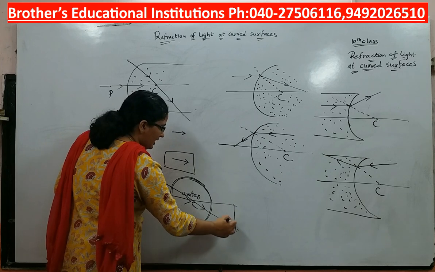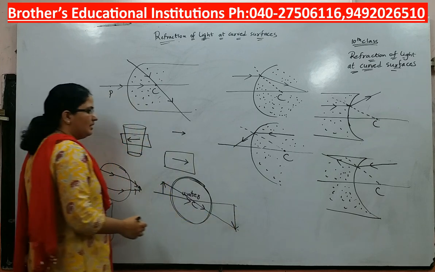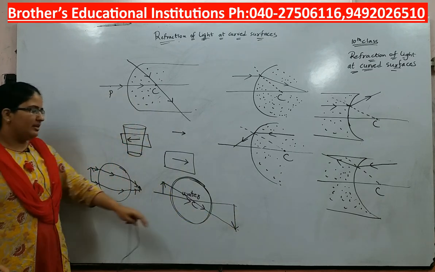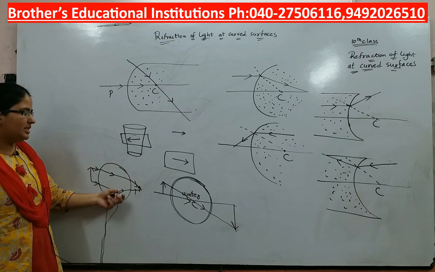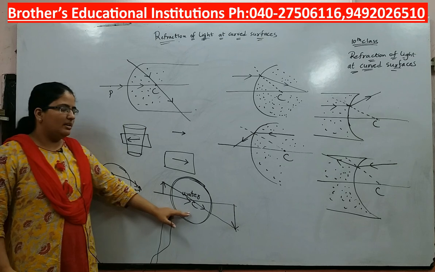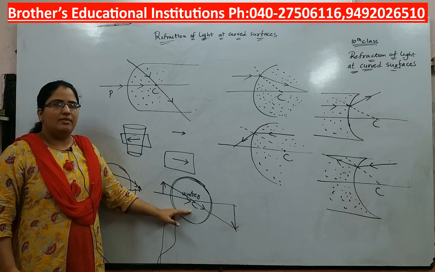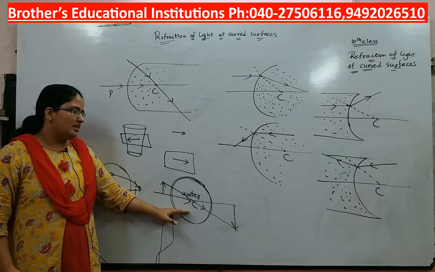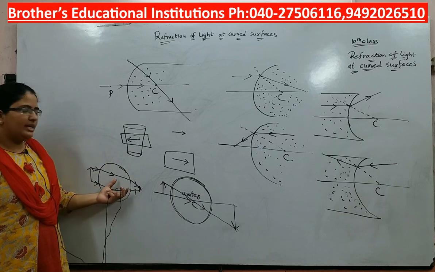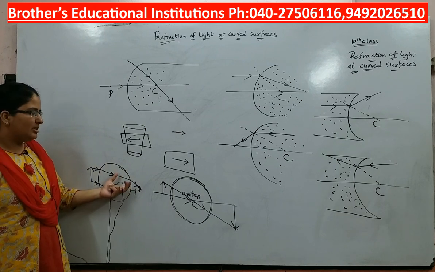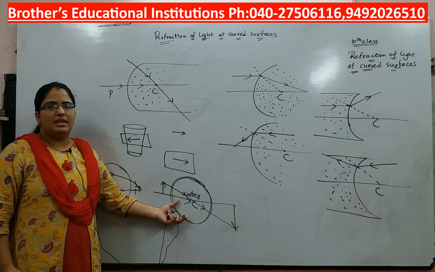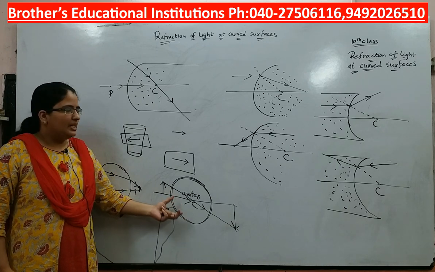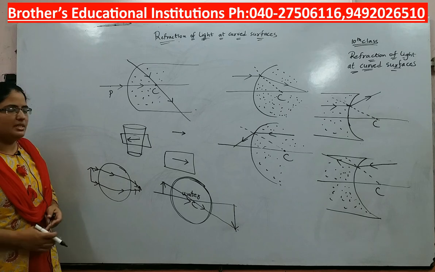So you get an inverted and real image. Here you get a virtual image which is diminished. Here you get a real and inverted image. So that's about this topic, children.